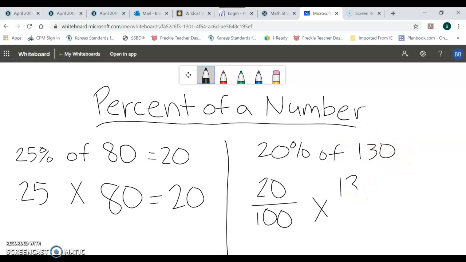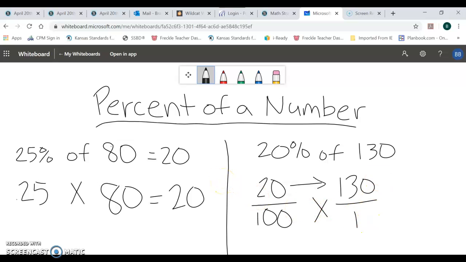You need to make 130 go on the numerator, on the top, and put a 1 underneath. So 20% is 20 over 100, because it's a percentage, so it's got 100 on the bottom. And then you take your number, put a 1 underneath it, because 130 over 1 is the same thing as 130. That's interchangeable. They're the exact same thing. They're equal.